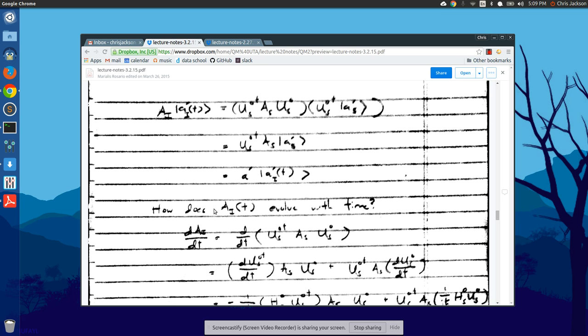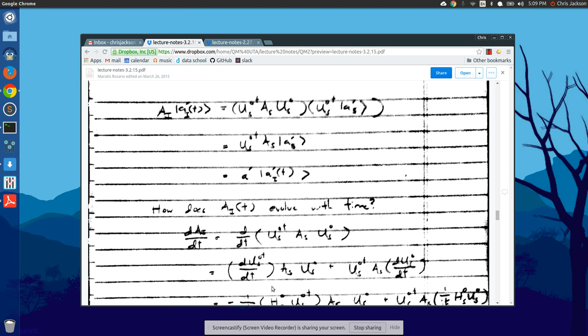And so having that, now you can say, okay, how does this thing evolve with time? So what I want to do is start with my definition of A_I in terms of the Schrodinger picture operator and the unitary time evolution operators, and take a derivative. I'm taking a derivative of this full thing here, but the only two things that depend on time are the two factors of the time evolution operator.